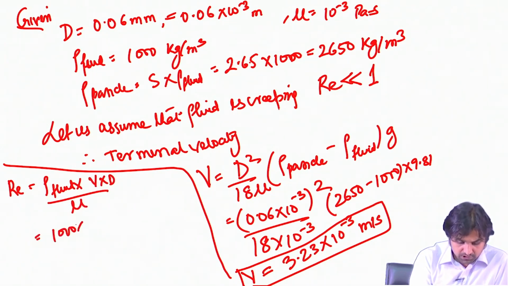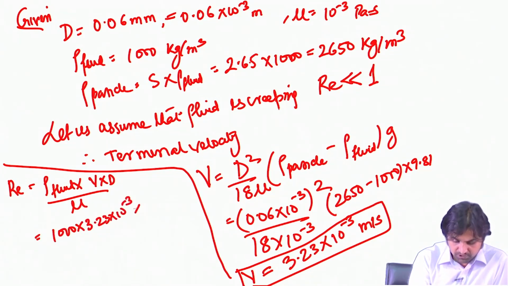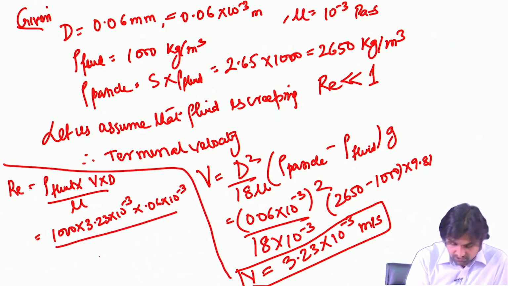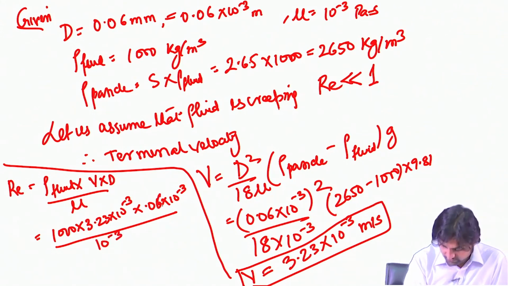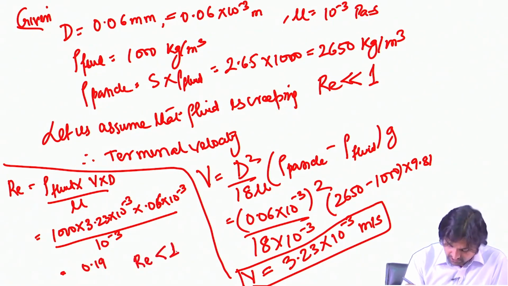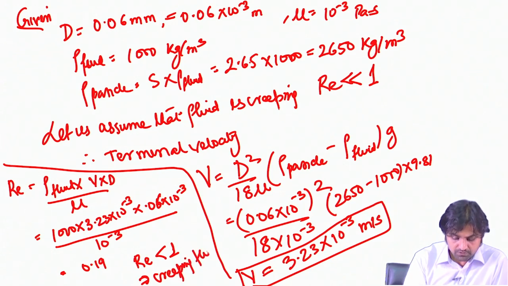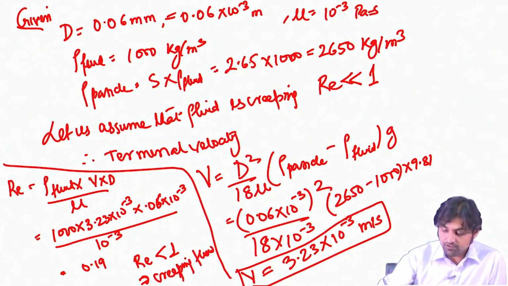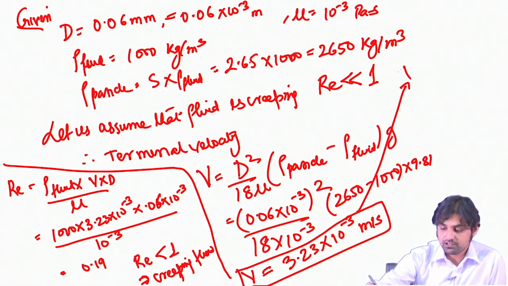So 1000 into 3.23 into 10 to the power minus 3, D is 0.06 into 10 to the power minus 3, divided by 10 to the power minus 3. So this comes approximately to 0.19. So our Reynolds number is less than 1, therefore it is creeping flow. So this is the terminal velocity.